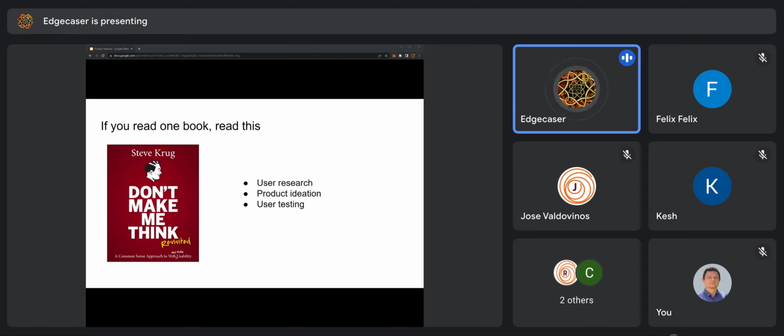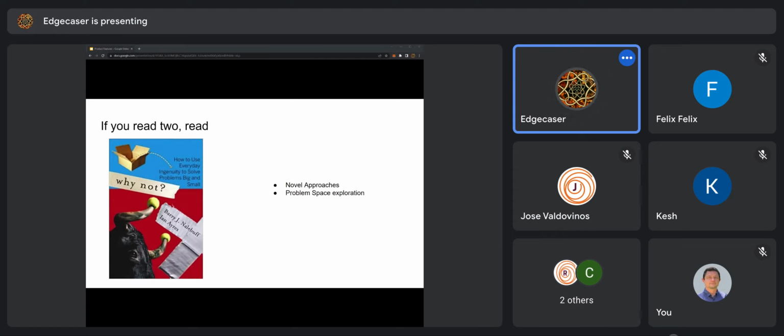Another book, if you're thinking about how do I design solutions for the problems that I am seeing or hearing about in my research, is Why Not. Not only is it a fun read, it's a short read, but it really presents a new way to approach problems.